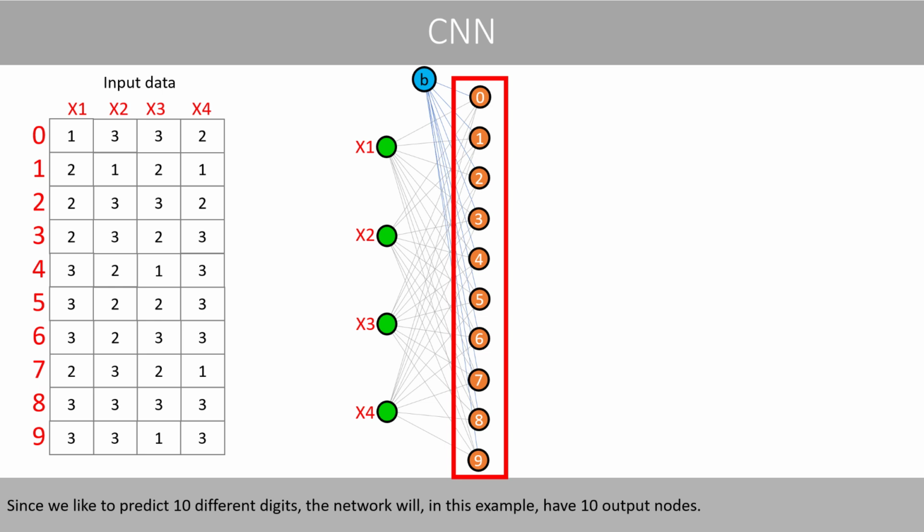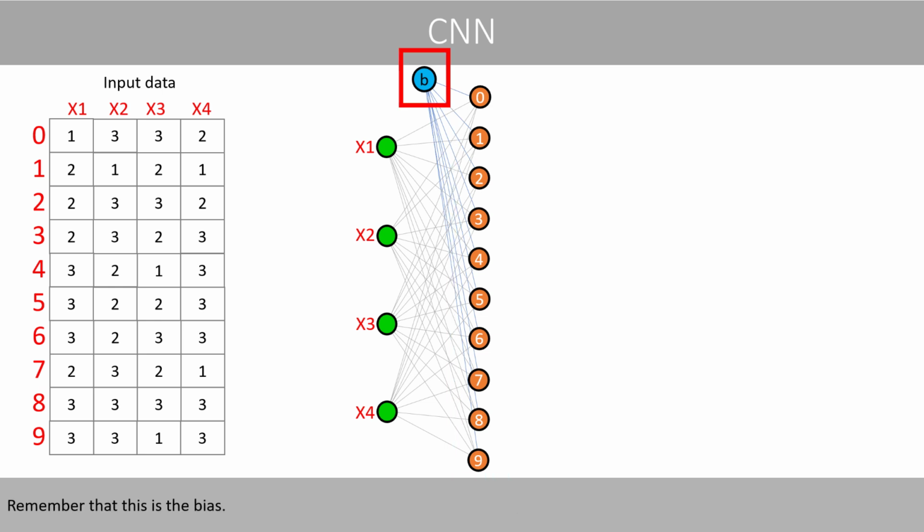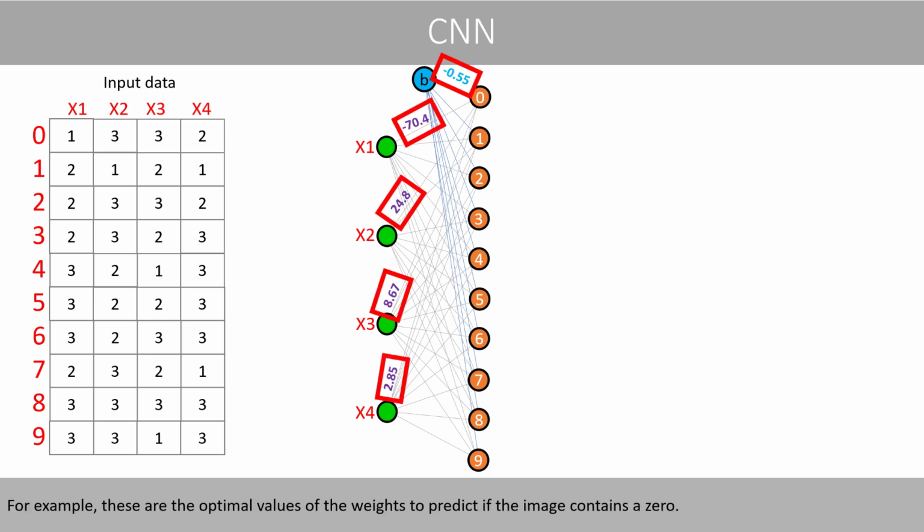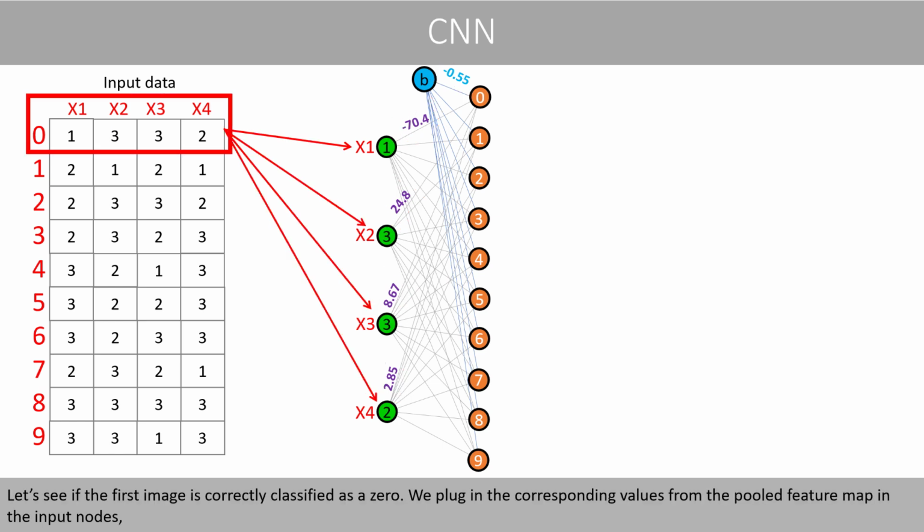Since we like to predict 10 different digits, the network will, in this example, have 10 output nodes. Remember that this is the bias. For example, these are the optimal values of the weights to predict if the image contains a 0. Let's see if the first image is correctly classified as a 0.